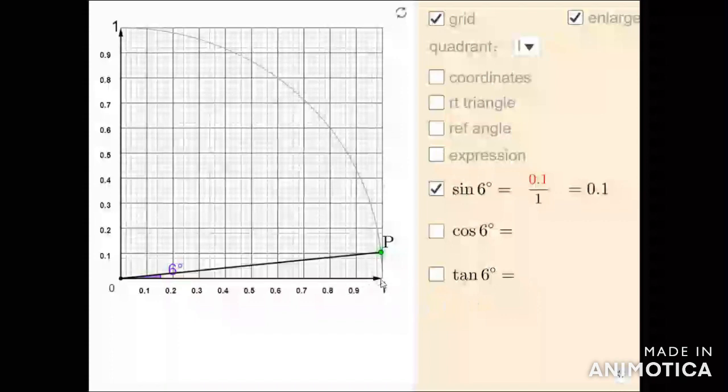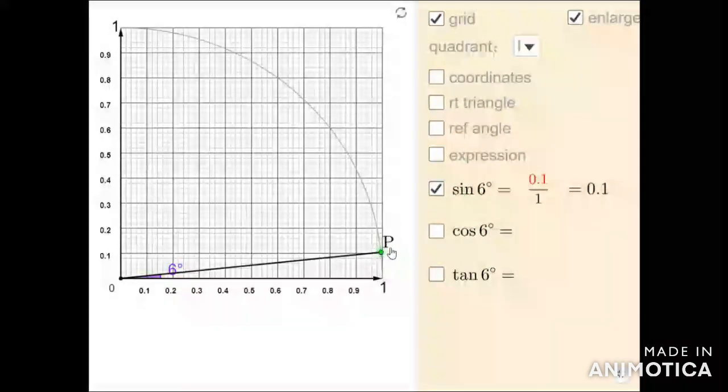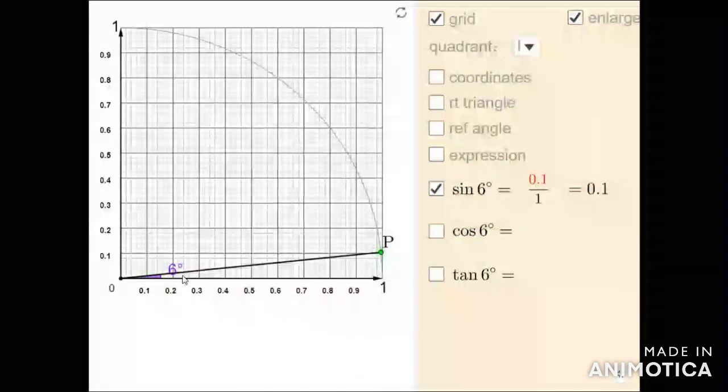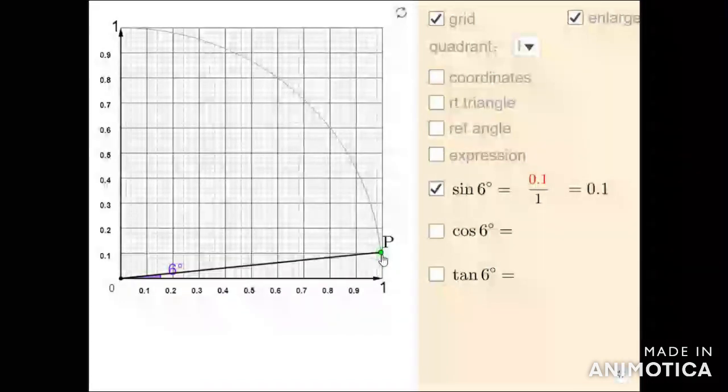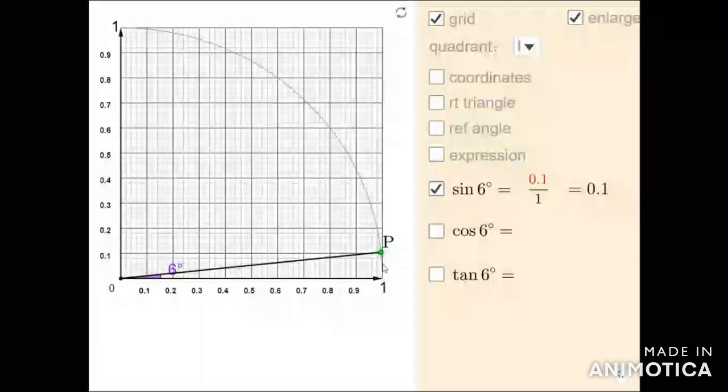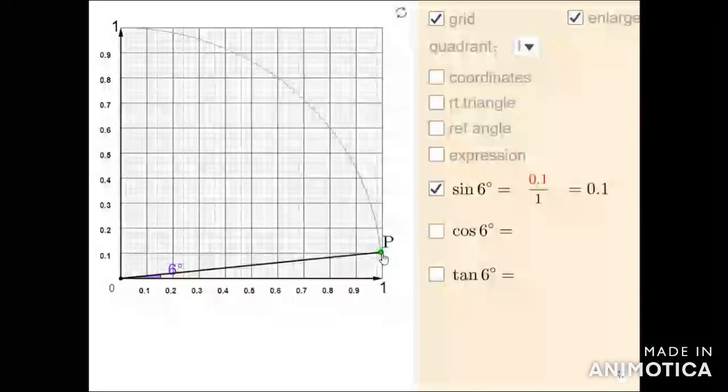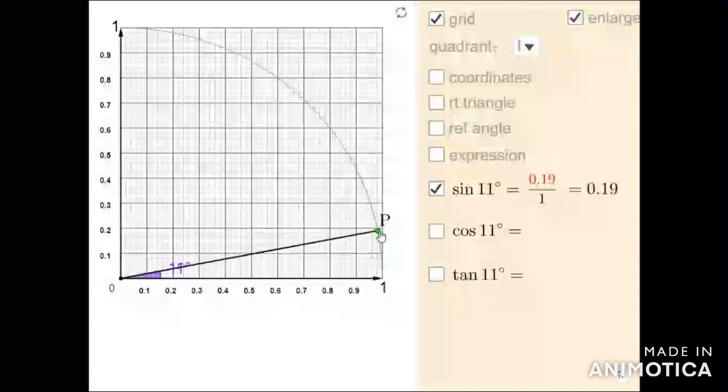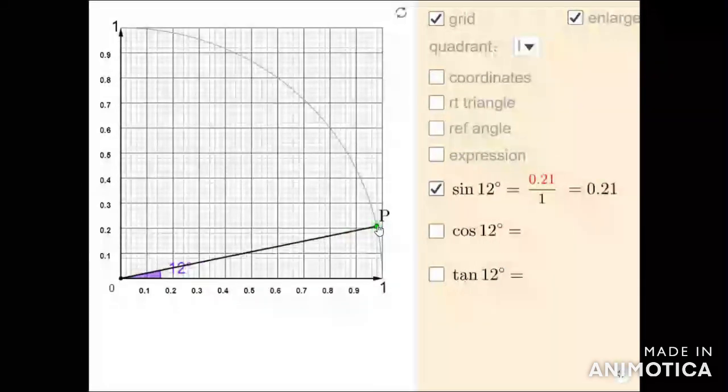See this figure. The point is at this position, and sine of 6 degrees is equal to the y coordinate of this point. You can observe the y coordinate of this point is 0.1. Therefore sine 6 degrees is equal to 0.1. And if you change the position, you will get the value of sin x for a different angle.